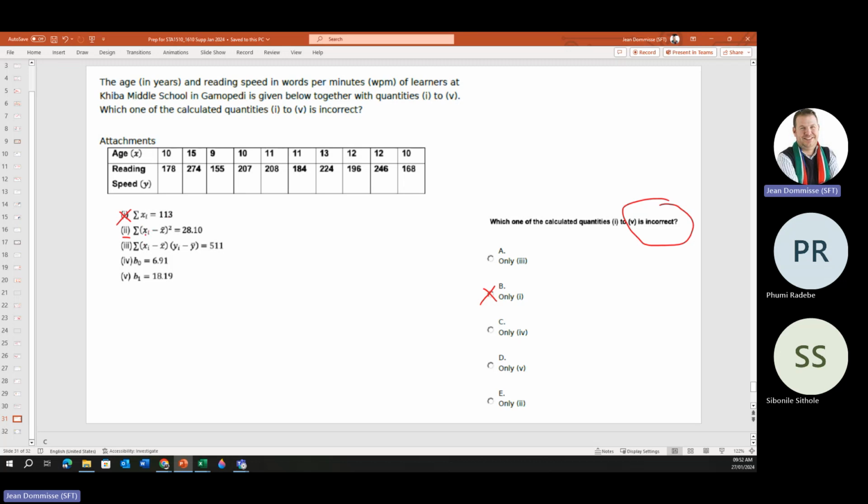Okay, so here we need to work out the x, i minus the mean to the power of 2.